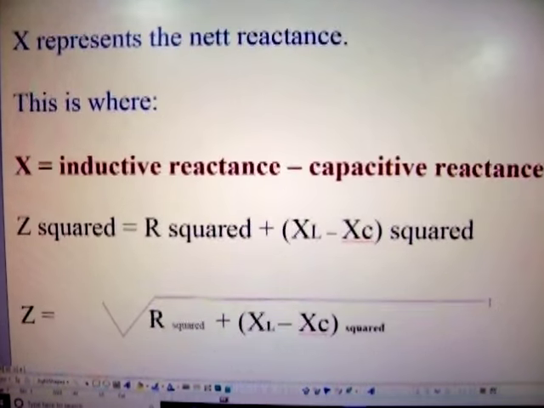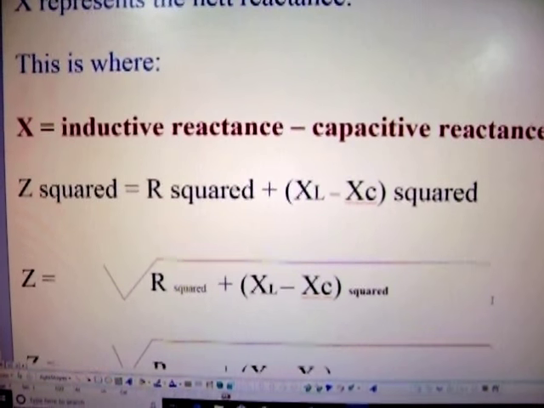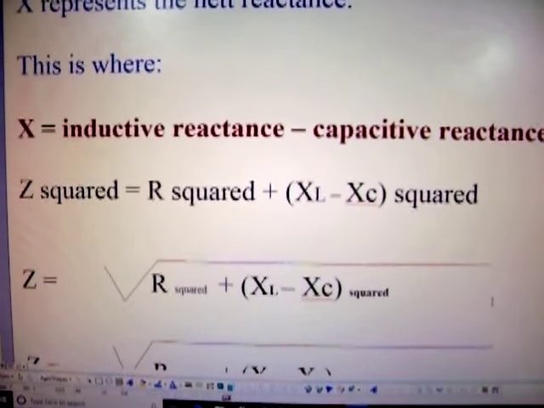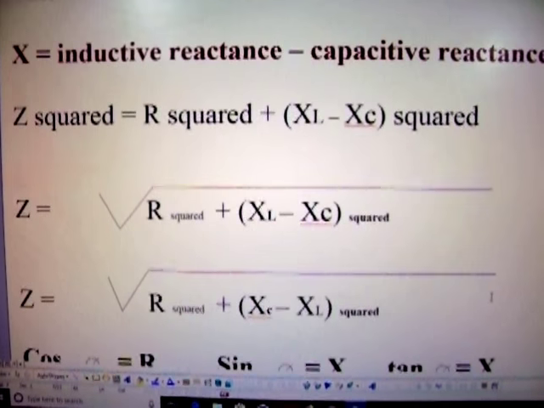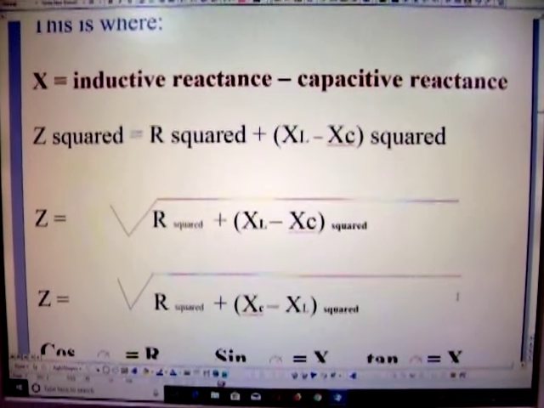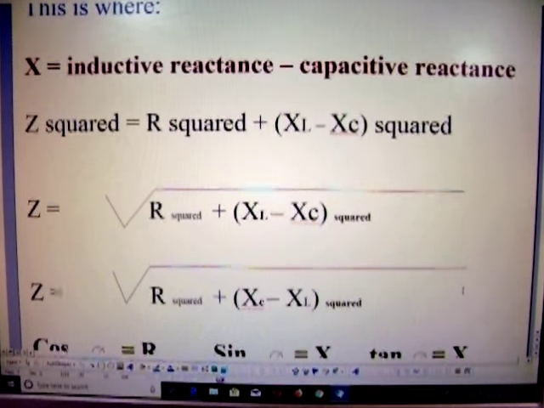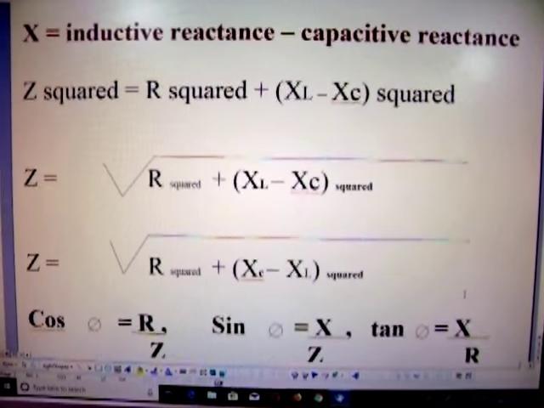Now I've gone ahead to show you how Z squared equals R squared plus (XL minus XC) squared, and how that has been arrived at. Write out the information. Look at the additional information for yourself. Become aware of how these are achieved and calculated.